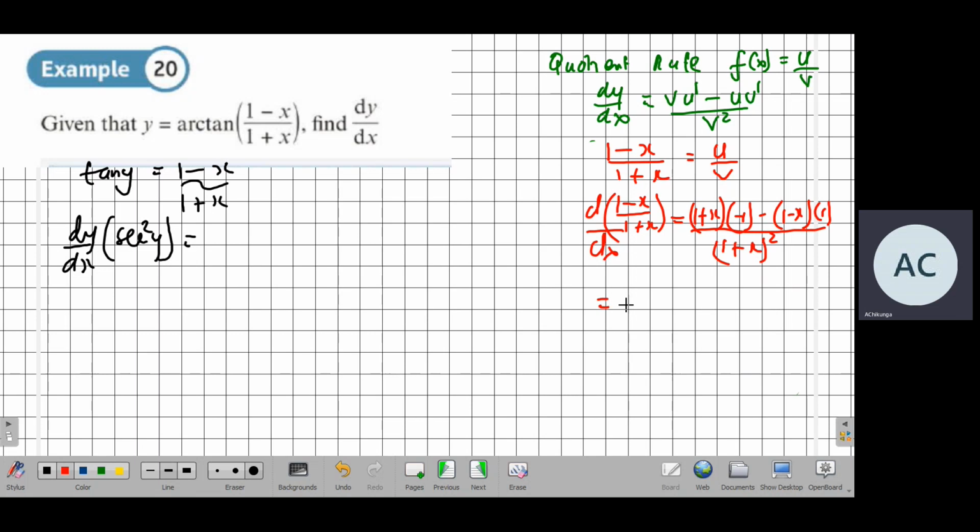This simplifies to minus 1 minus x minus 1 plus x all over 1 plus x squared, which is just equal to minus 2 over 1 plus x squared. So the right-hand side is minus 2 over 1 plus x squared.